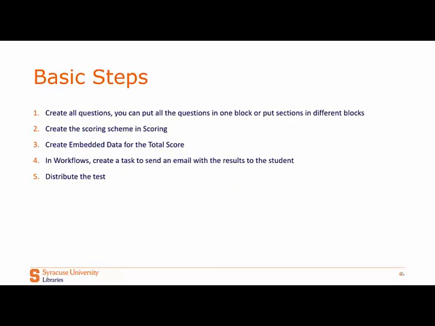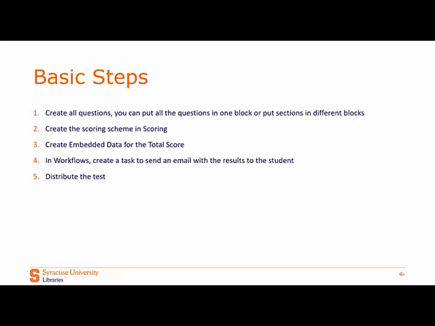Basic steps in creating a test in Qualtrics. First, create all your questions. You can put all the questions in one big block or use different sections in different blocks. Create the scoring scheme in Scoring.